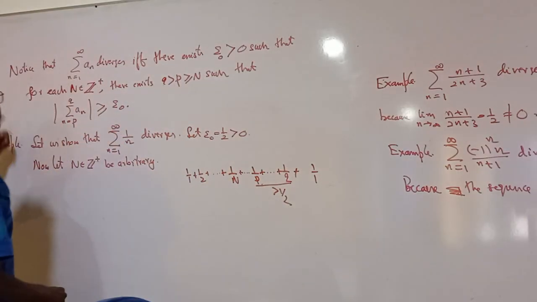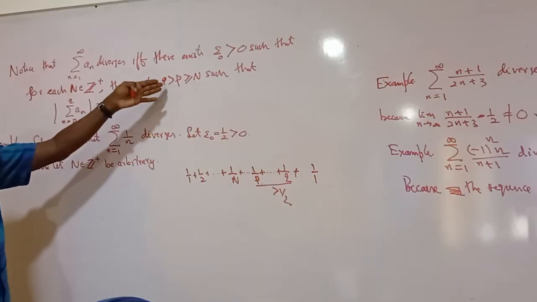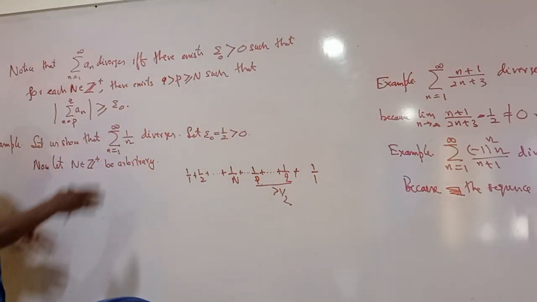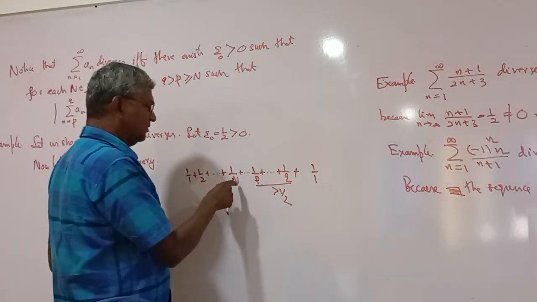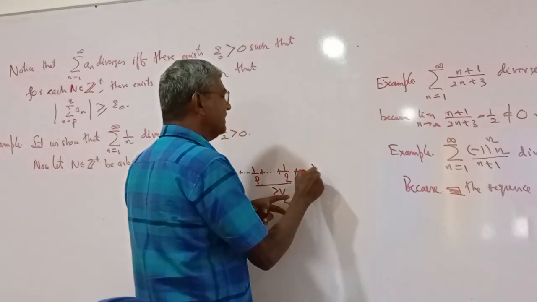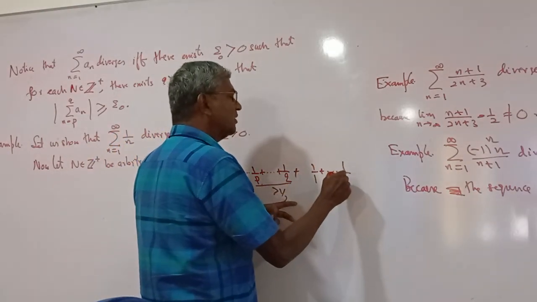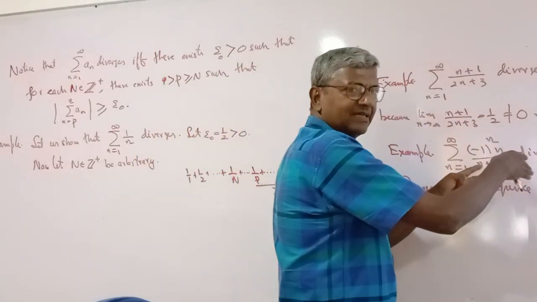What we say is, for each n in Z plus, you can choose 2 integers such that the block sum is greater than or equal to 1 half. You start from here, this block is greater than 1 half. You start from somewhere else, you get another block greater than 1 half, and another. How many blocks greater than 1 half are there?